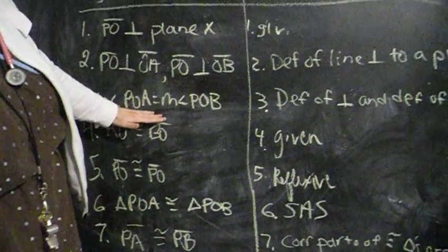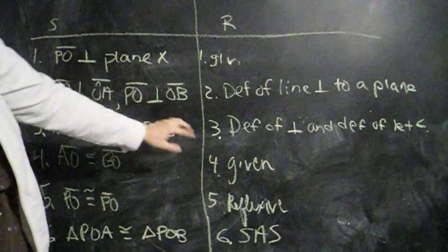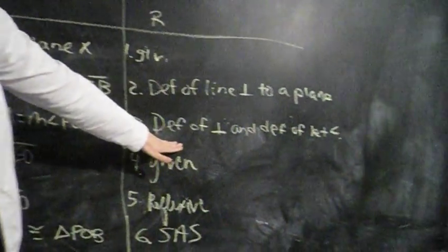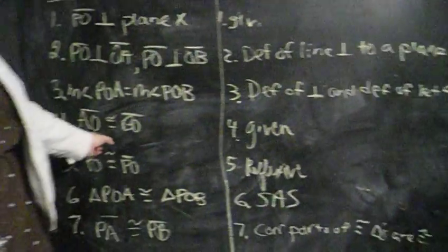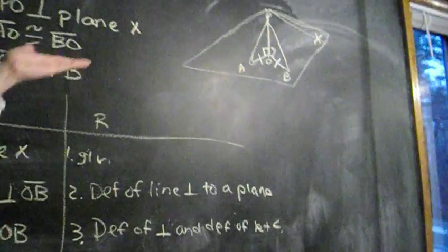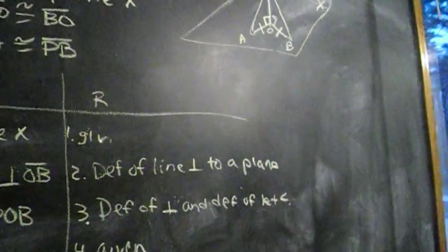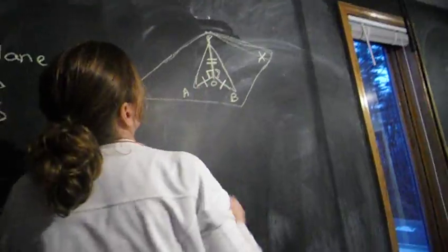The measure of angle POA equals the measure of angle POB. Those are the two angles we were just talking about. Definition of perpendicular lines and definition of a right angle. So then I could say AO is congruent to BO, because that's given. I already drew the little symbols in there. PO is congruent to PO. This is what some of you missed the other day on the bonus question.